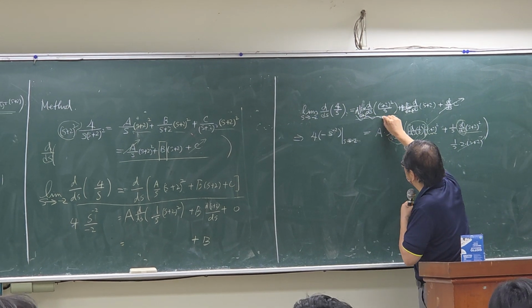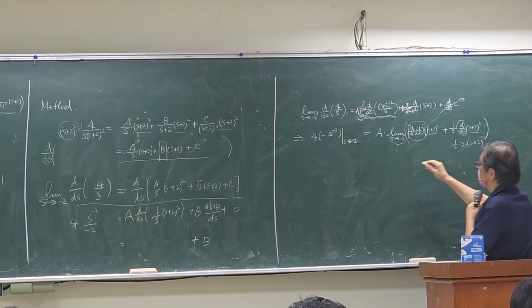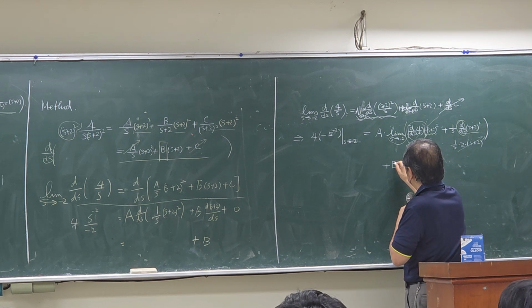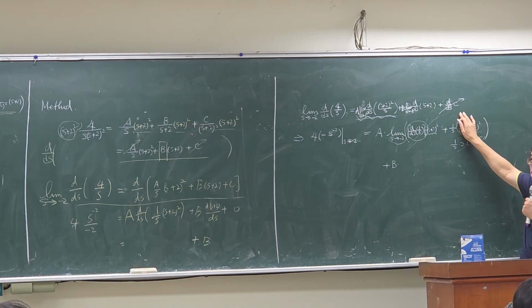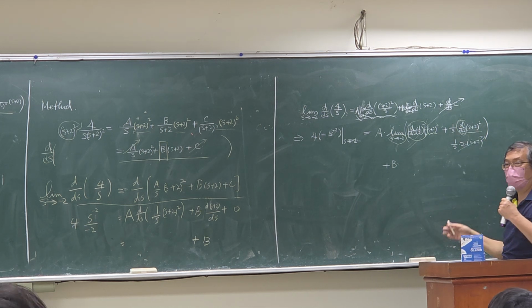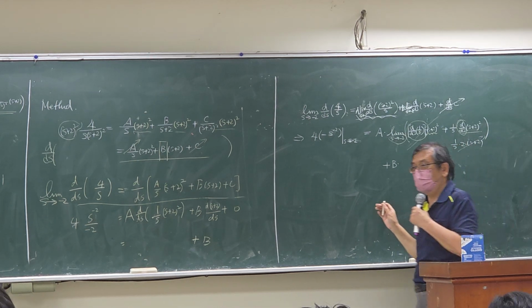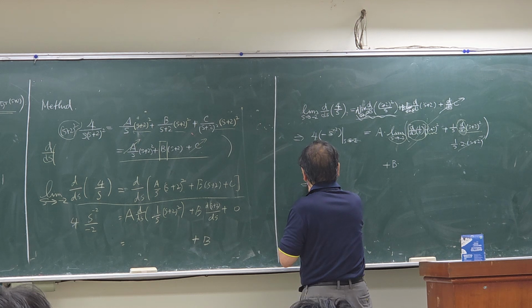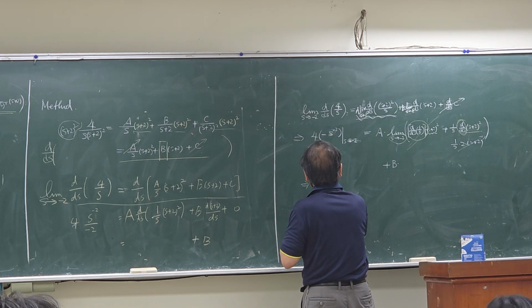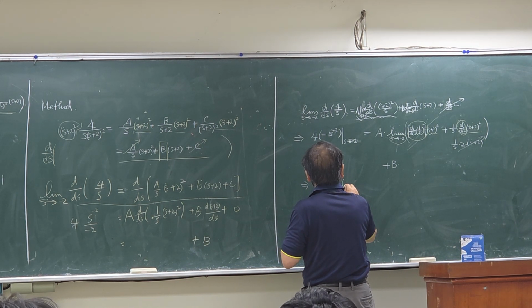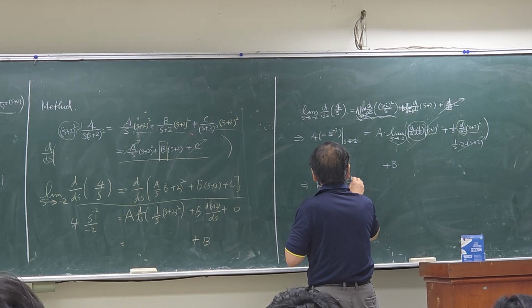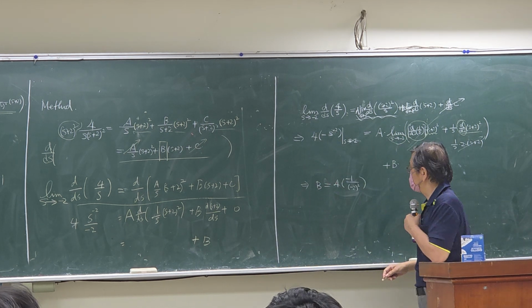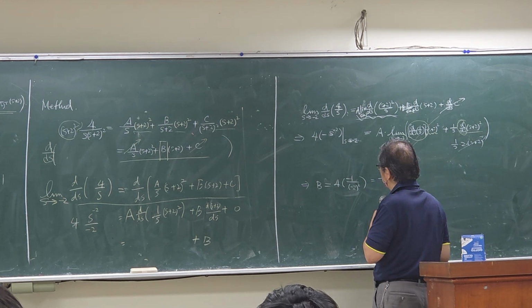The first term is eventually 0, and the second term is simply the coefficient B. The third term is already 0, so we are fine. B is equal to 4 times 1 over negative 2 squared, with the minus sign here. That's negative 1.